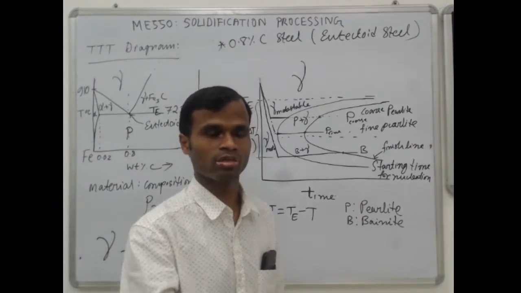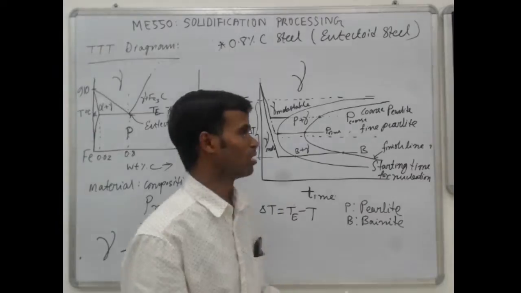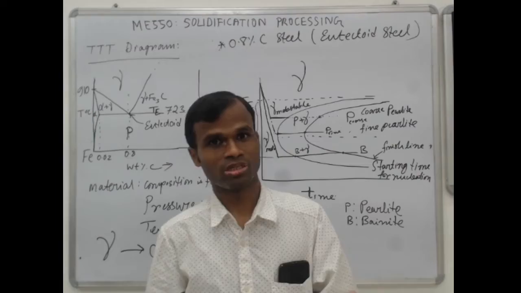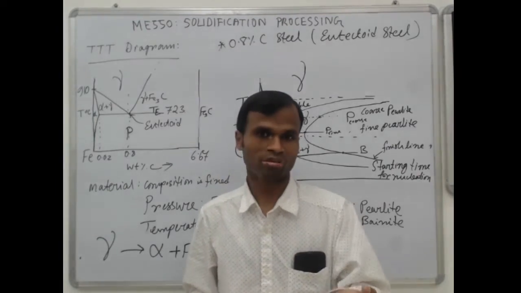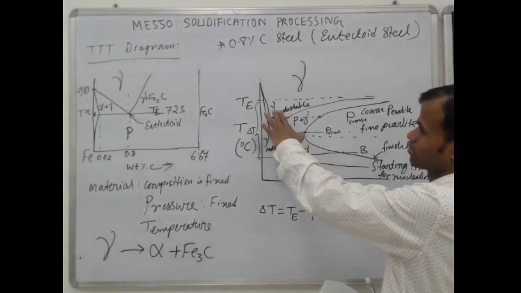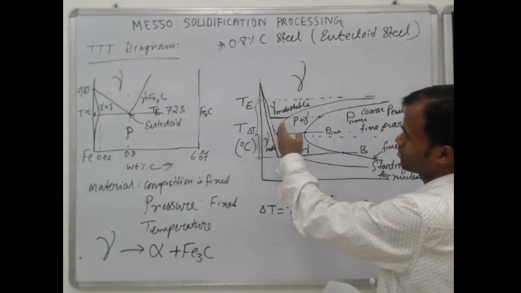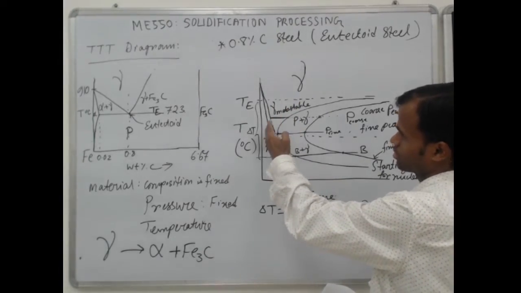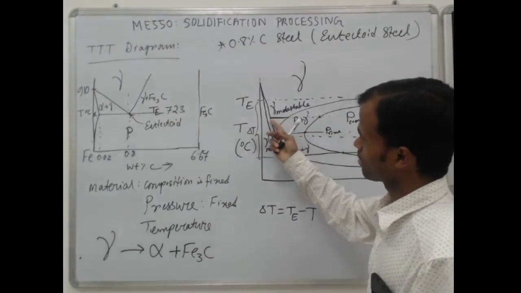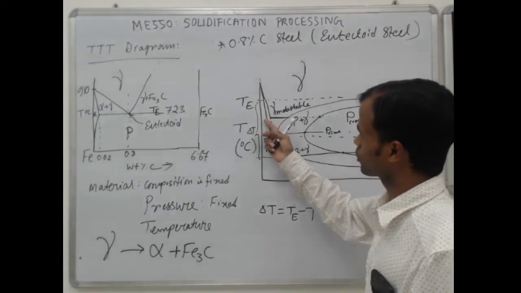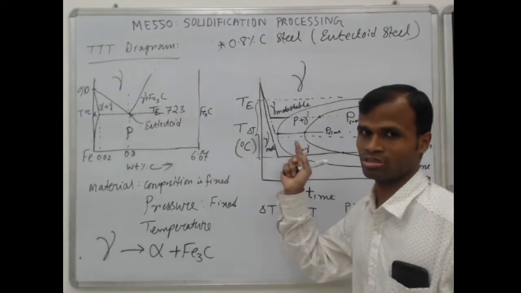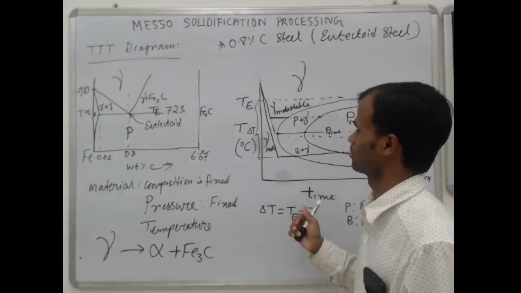Unstable means it will quickly be transformed into a stable state, but metastable, to be very specific, means you need to give some activation energy. It is locally stable, until and unless you give it sufficient time or some activation energy, it cannot transform. Why do you need the time? Because time is necessary for diffusion to occur, the movement of atoms to start the nucleation. That is why you need to give some time.